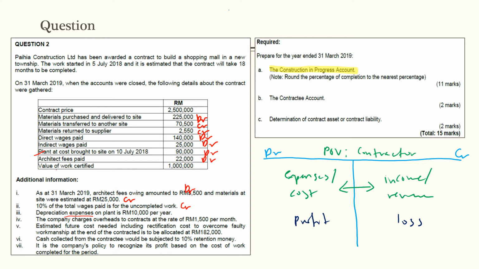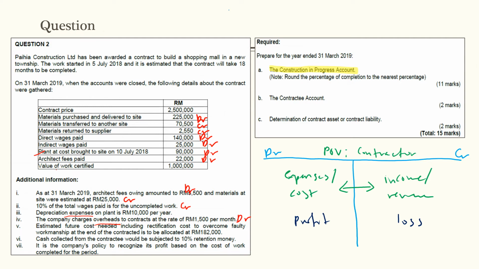Number 4 is about the overhead. This overhead is a cost that we put into the contract, therefore it needs to be recorded on the debit side. Next, we have some information which needs to be used in other adjustments or calculations. We hold it first, and we can start by preparing the contract account in the next slide.